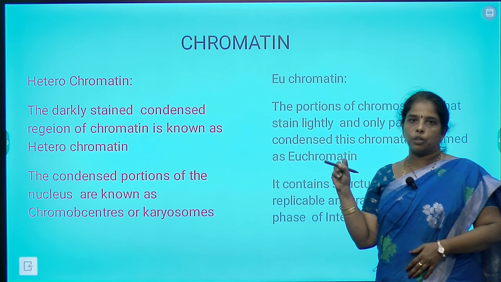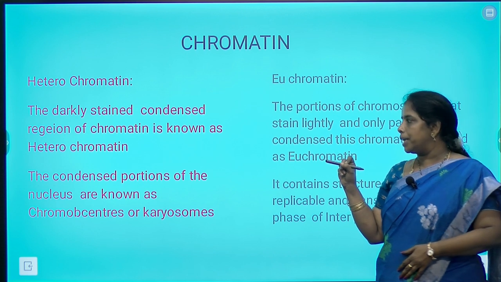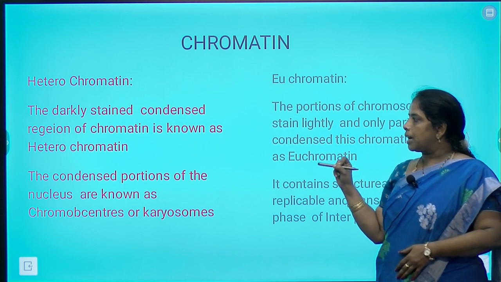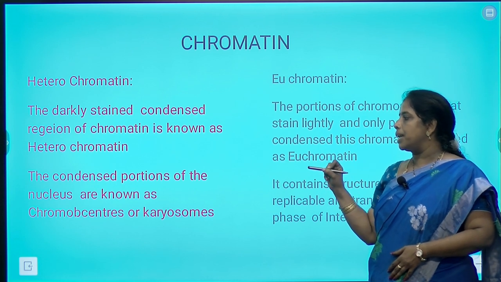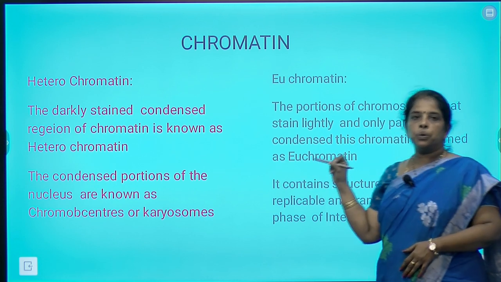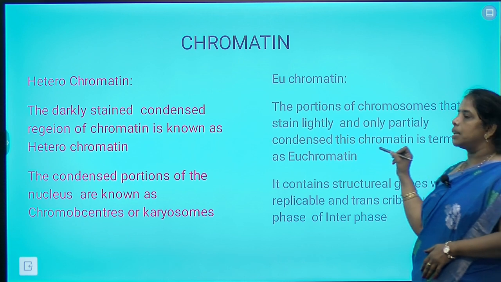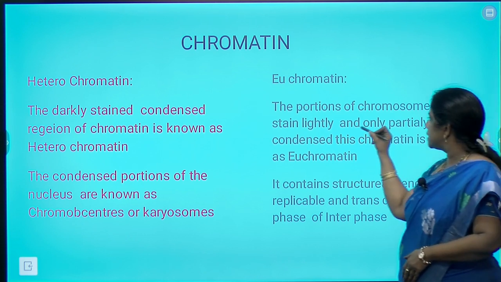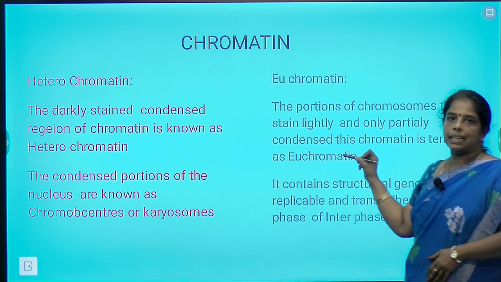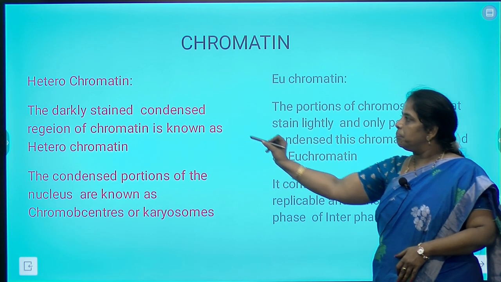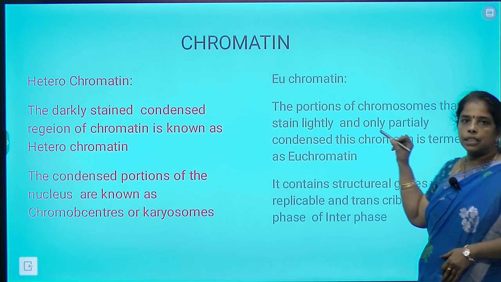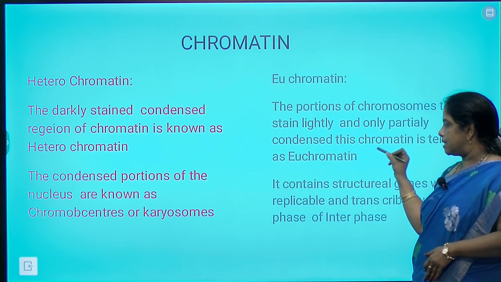It is made up of repetitive DNA, and these condensed portions are named karyosomes. Euchromatin is the portion of the chromatin material which is slightly stained and only partially condensed. So, heterochromatin is the highly condensed part and euchromatin is the slightly condensed part.